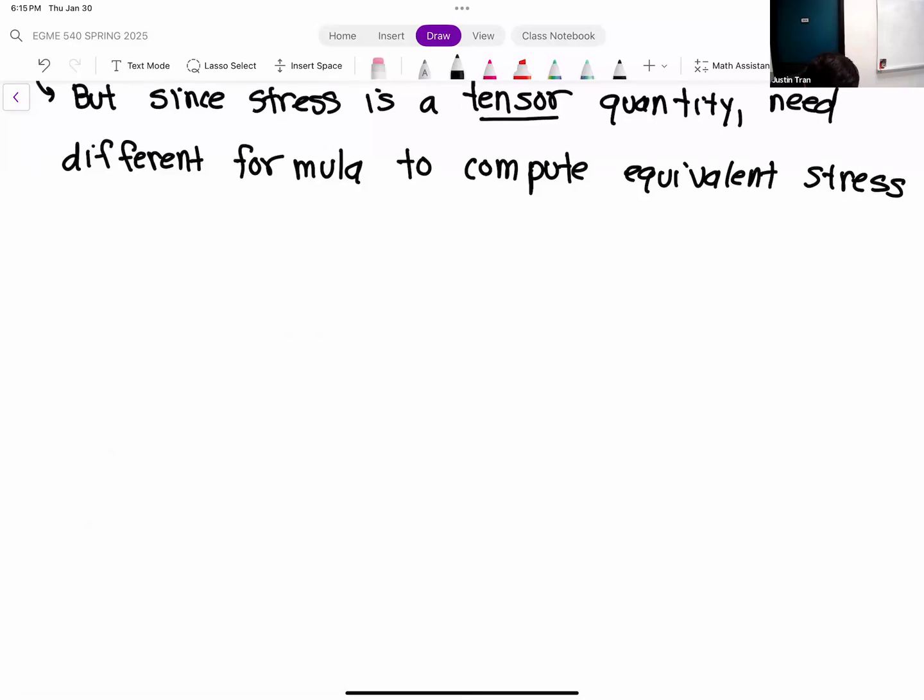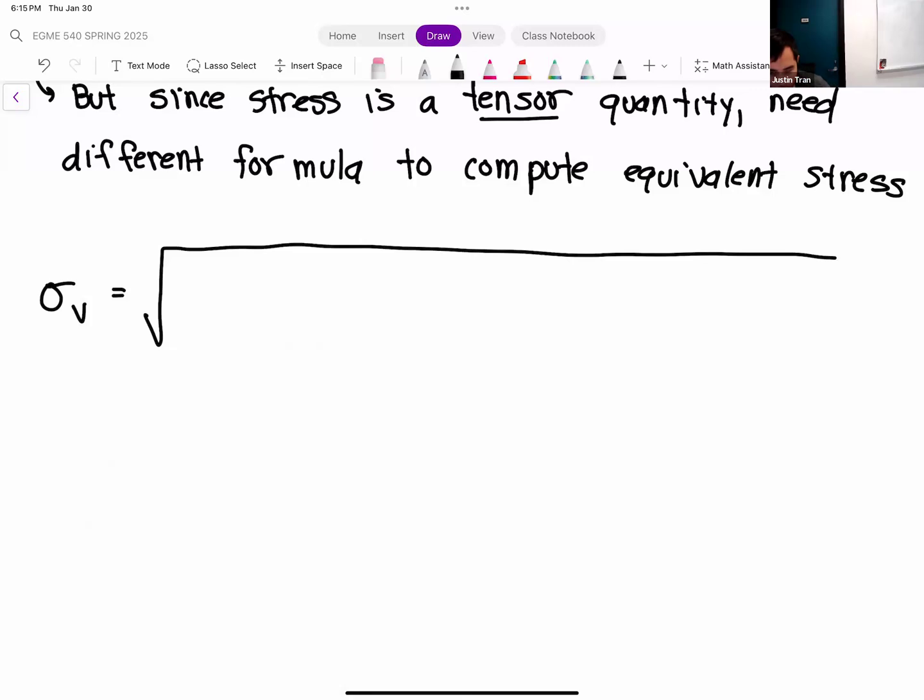Okay. So the von Mises stress, sigma v, is equal to the square root. So you can see it does share some features with the vector magnitude. We do have a square root in here. Okay.